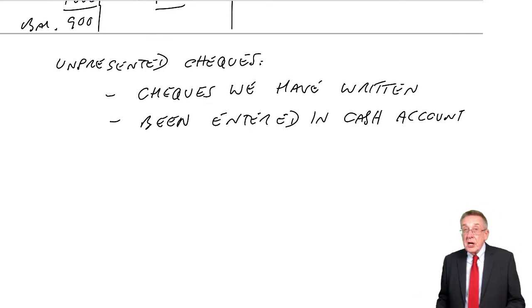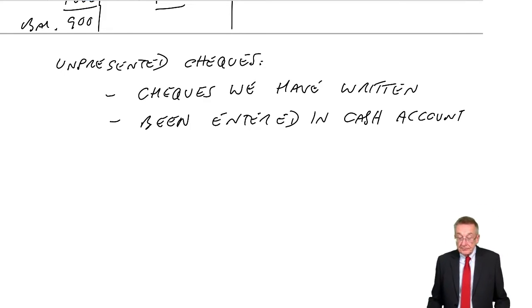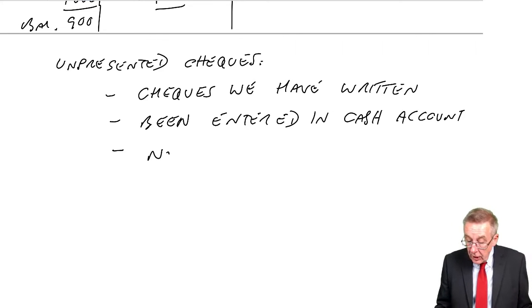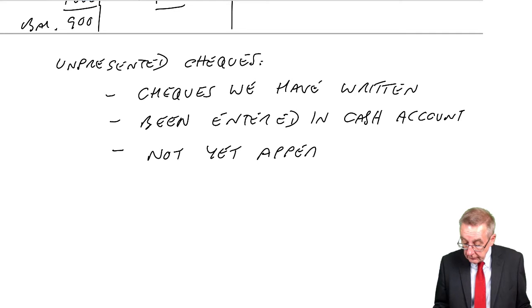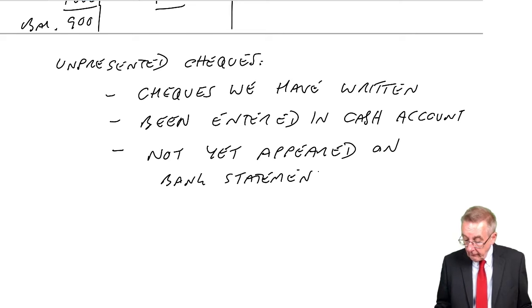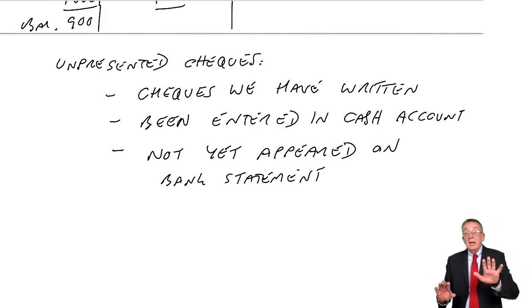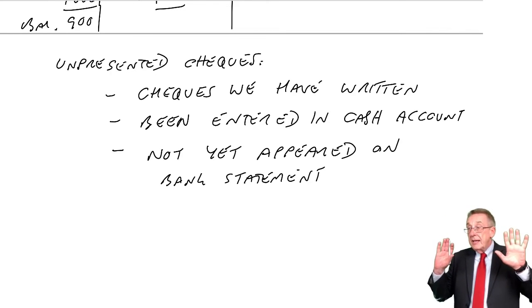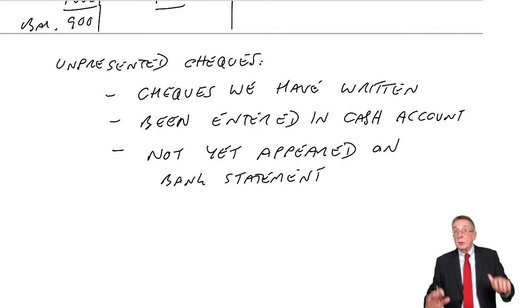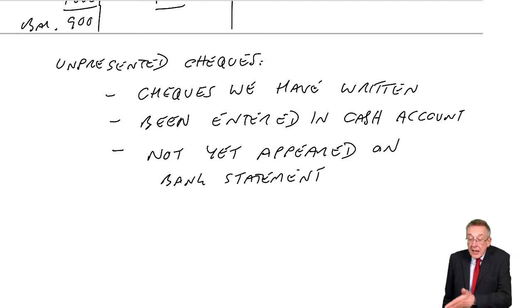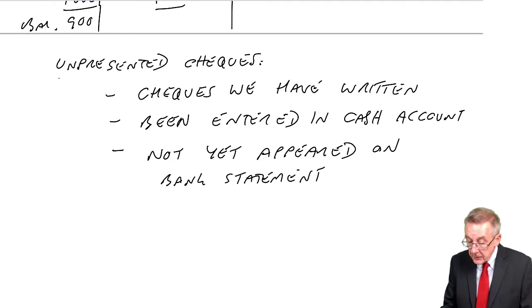So when I write the cheque, I credit cash 100, but they've not yet appeared on the bank statement. So that problem I just showed you, there will be a period where the balance on the cash account will not equal the balance on the bank statement because there are these cheques in the post.